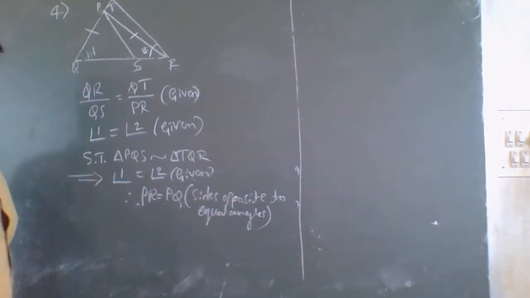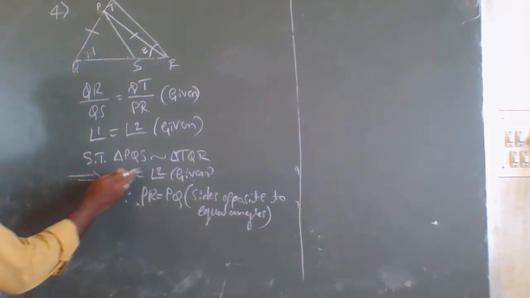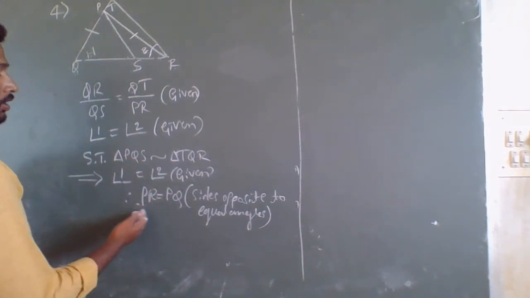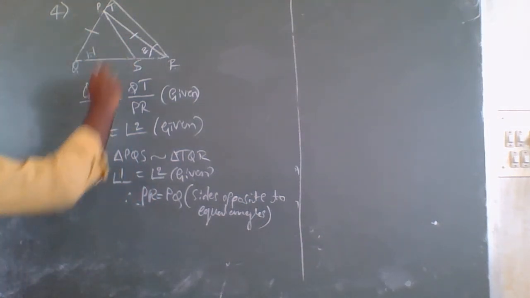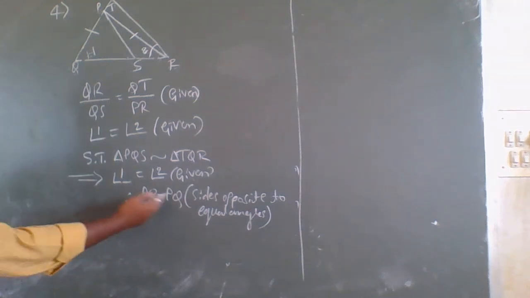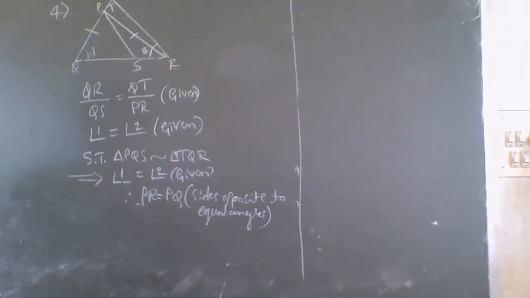What are those equal angles? Angle 1 and angle 2. Therefore, PR is equal to PQ.